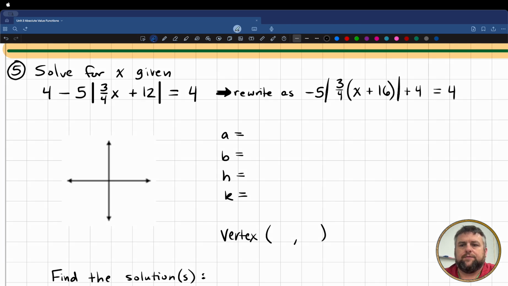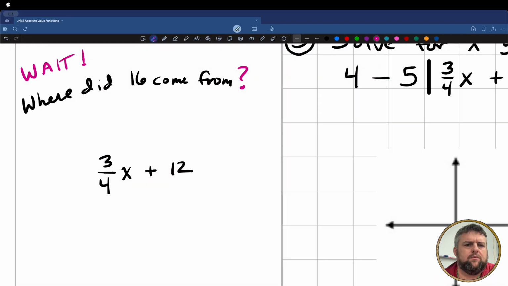Okay, now for this part here, where did the 16 come from? In order to write the function as 3/4 of x plus 16, we had to take this 3/4 out, because keep in mind, this 3/4 of x is only affecting the x right now, but the b value should actually be affecting everything.